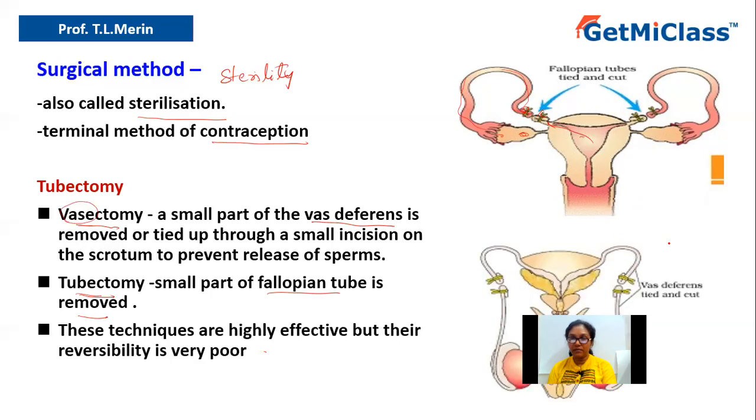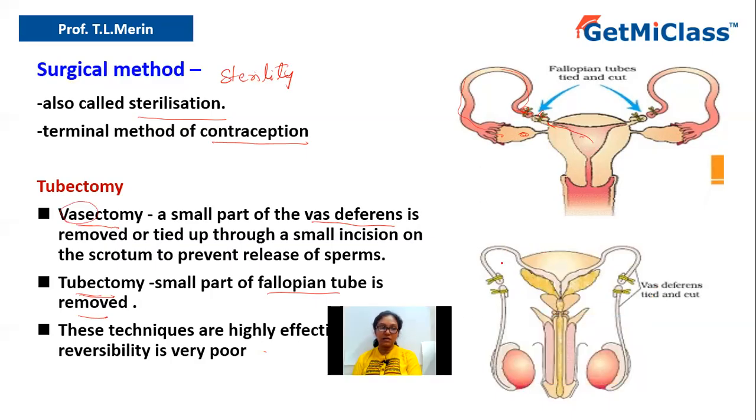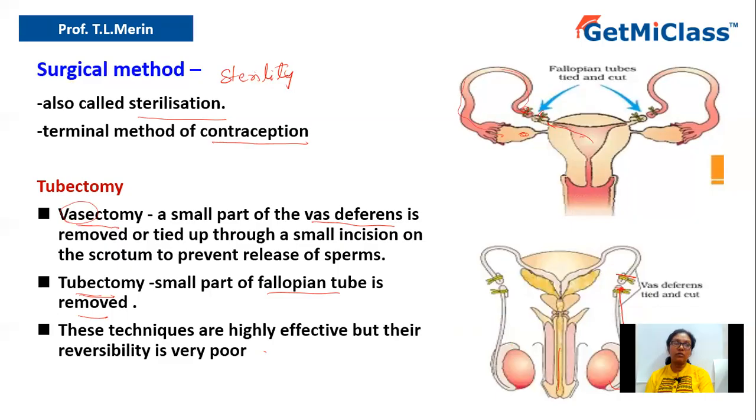Here you have vasectomy in the male. You can see that the vas deferens is cut here and tied, so that the sperms released here will not reach the penis. These are the methodologies which can bring about permanent sterility in male and female. There are chances of reversal if the surgeons are really good.